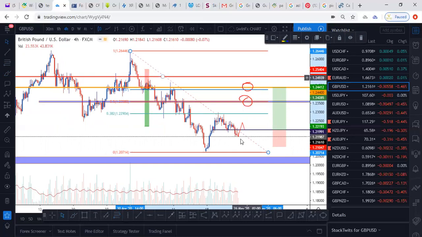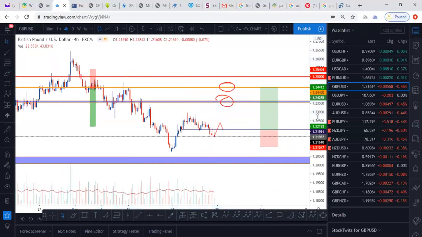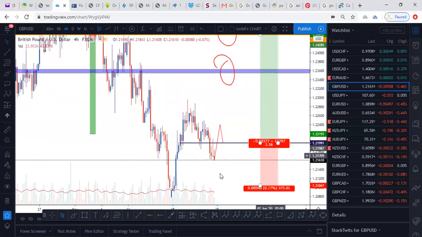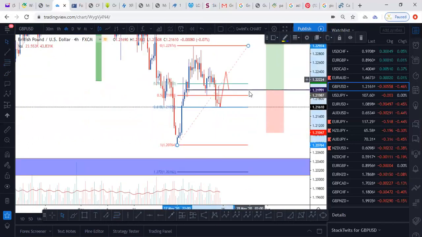So if price could actually start making a retracement up to this zone, anything below here will give us a good entry, we will look to buy instead of this area. So let's see, swing low to swing high. Right, we had that price has bounced off the 61.8 Fibonacci level and could start doing another impulse to the upside.